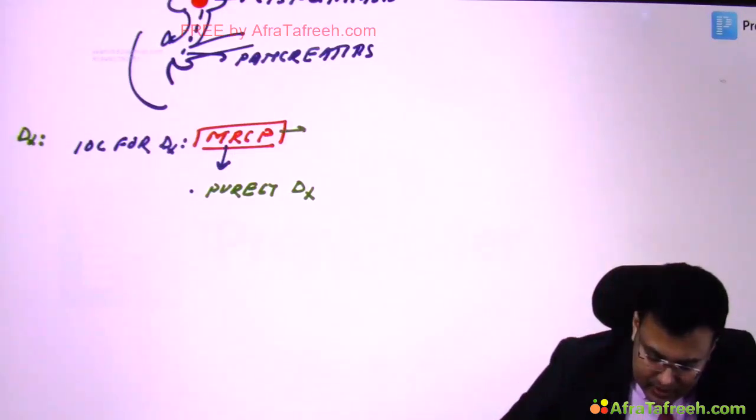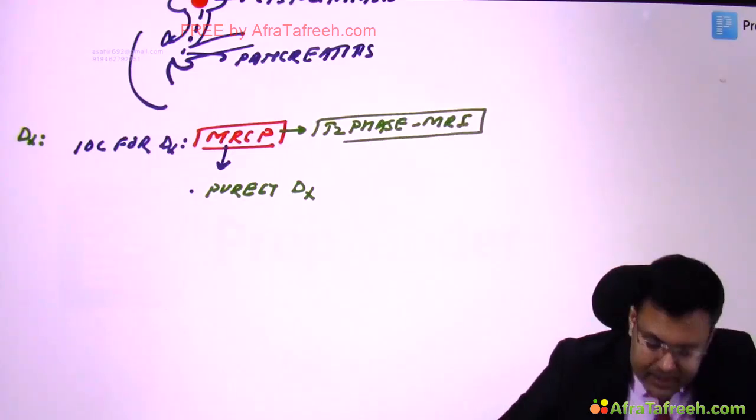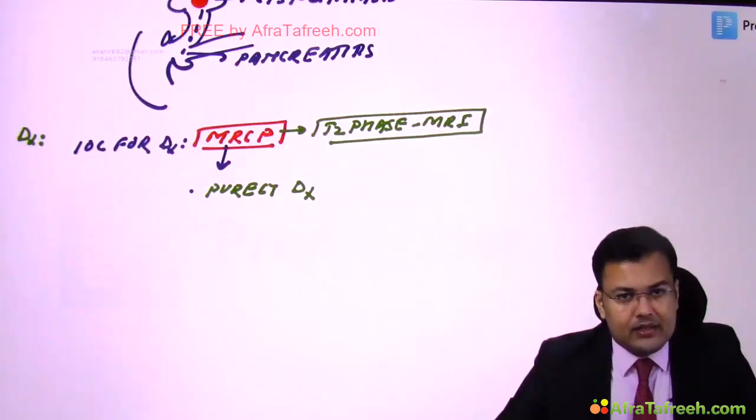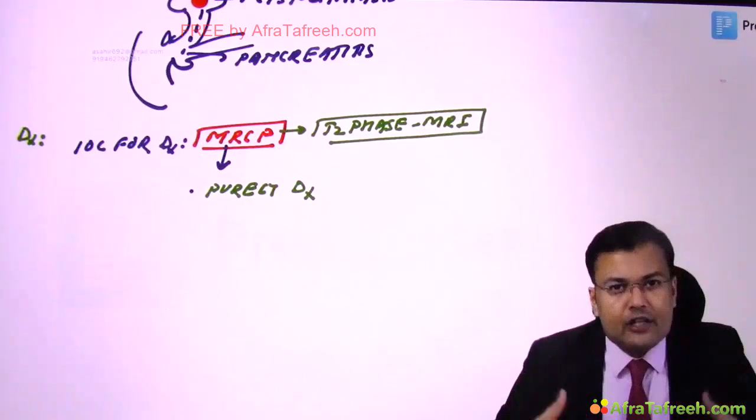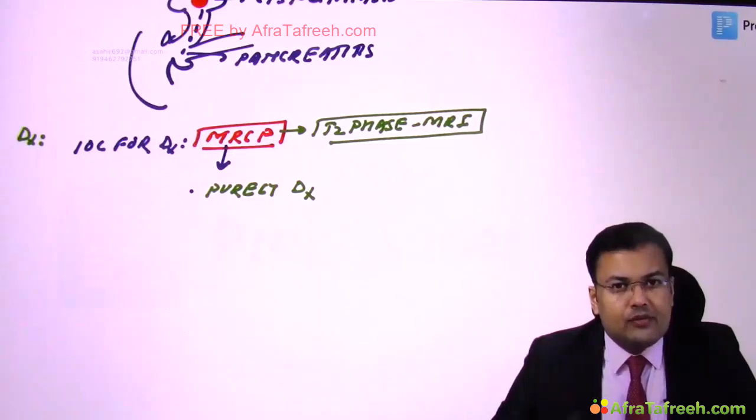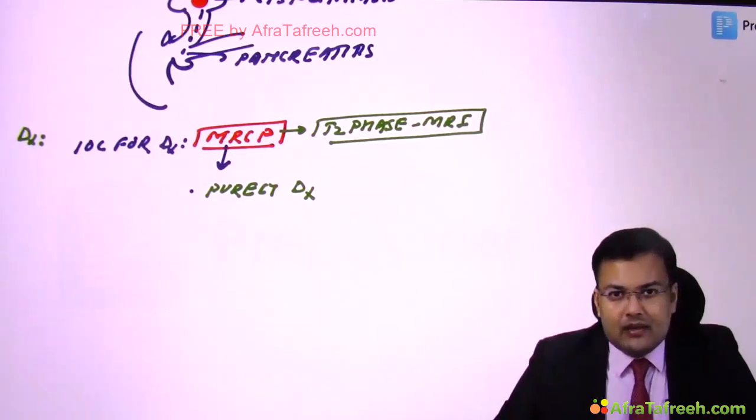What is MRCP actually? It is the T2 phase of MRI. And you know that MRI is done in the radiology department. So MRCP is done in the radiology department. What happens in the T2 phase? See, there are fast moving liquids in the body like blood. Fast moving liquids like blood, tissues, fat, all these are signal void.